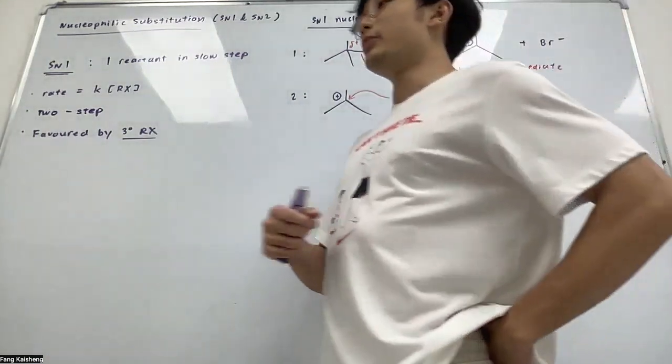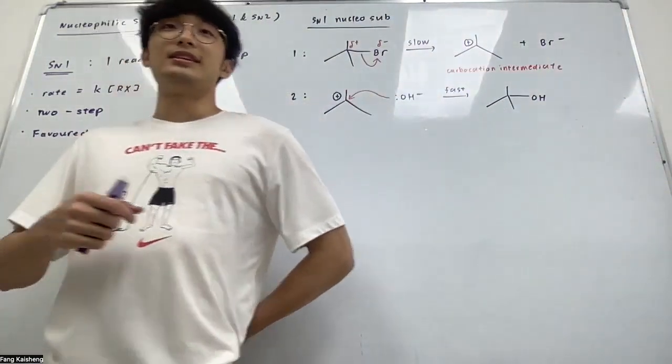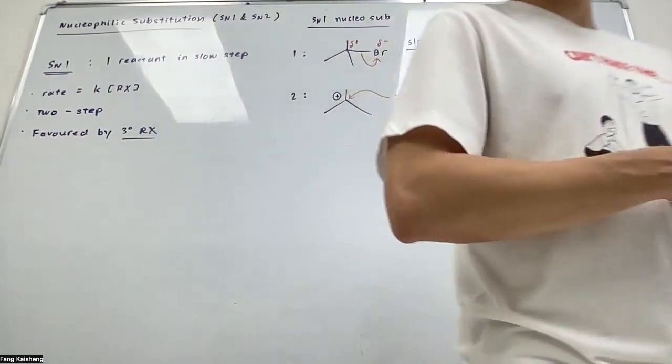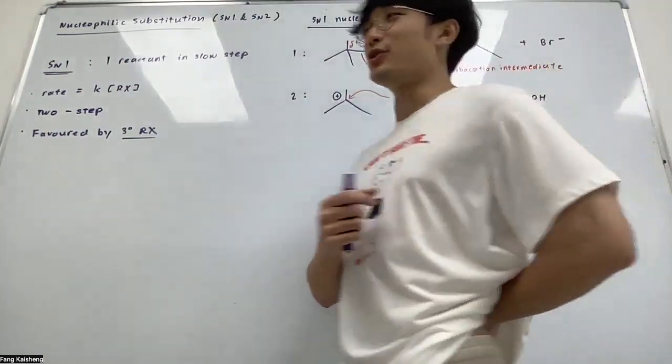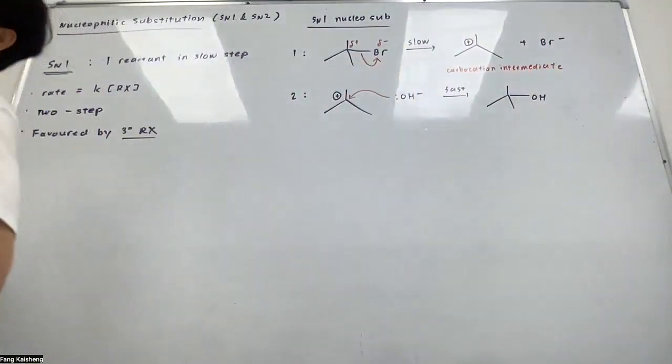How many humps do we need to draw? We need to draw two humps, because this is a two-step reaction.